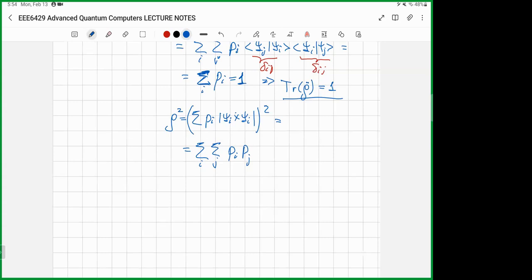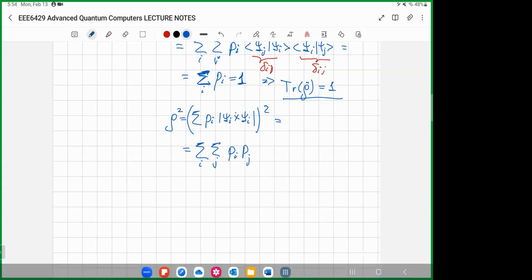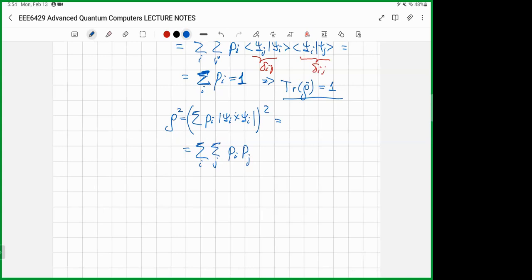Mm, let me see, let me see. Oh, no, I'm wrong. It works only for the pure state.